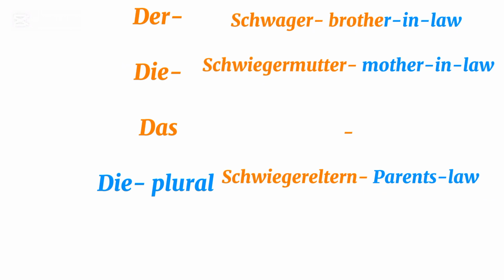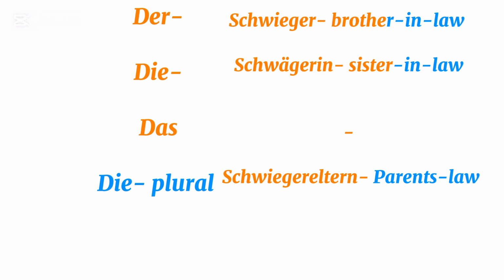The brother to your husband is called Schwager. Then we also have a sister-in-law. Sister-in-law is the sister to your husband. They are called Schwägerin. Now, Schwägerin with an A umlaut. Are you seeing? A umlaut. But brother-in-law, Schwager, doesn't have an A umlaut.